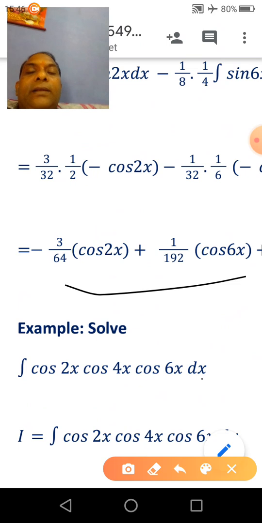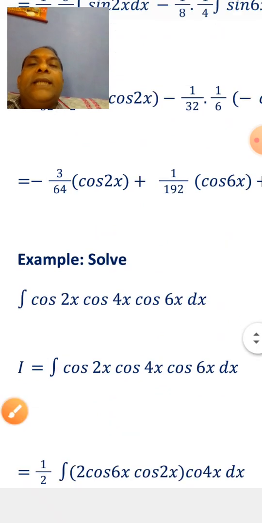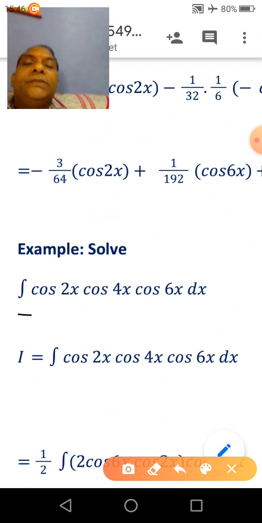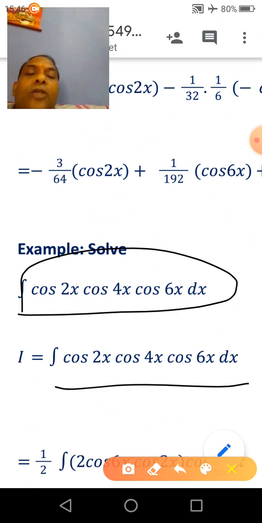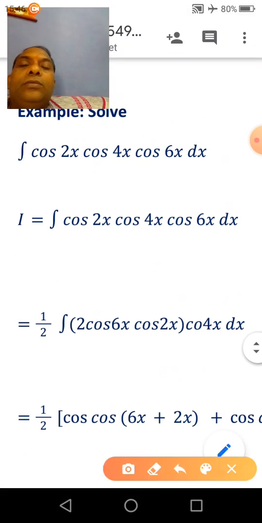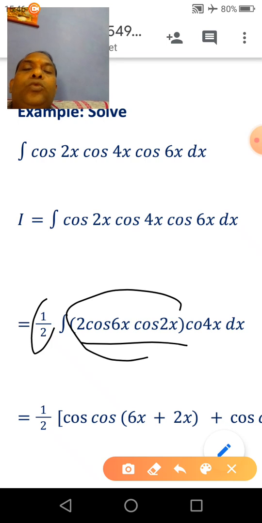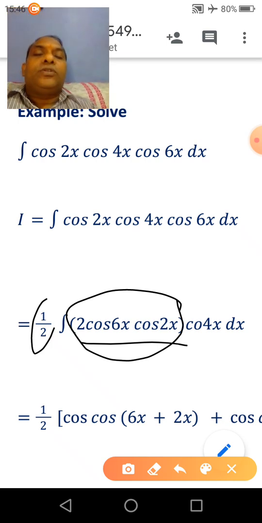Clear? Similarly, next question, integration of this portion, you have to integrate it. Now multiply and divide it by 2. Now here use 2 cos x cos y.